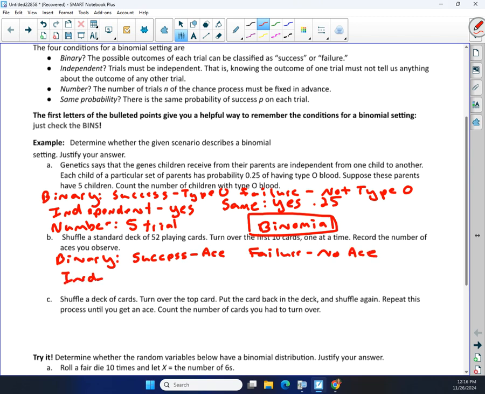Independent. No. Because it says turn over the first 10 cards one at a time. So I'm turning over the first, then turning over the second. So I'm not putting the first one back. So no, since there's no replacement, and I can stop as soon as I get one no. So this is not binomial.